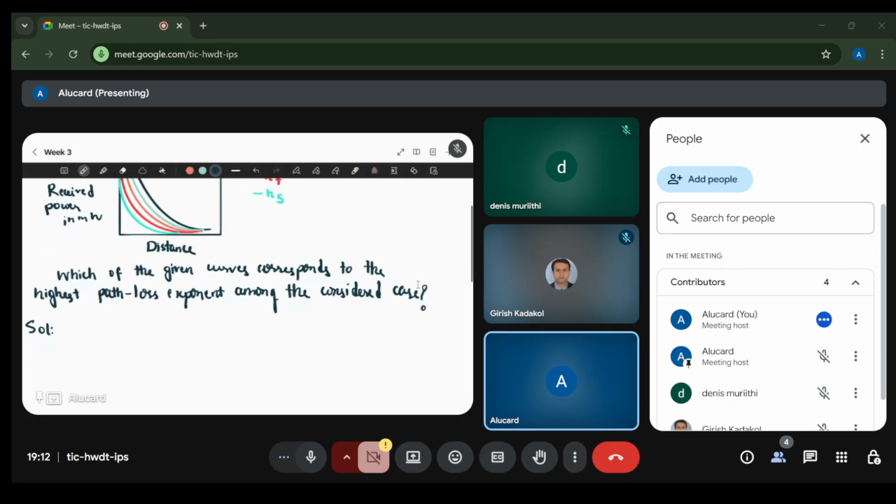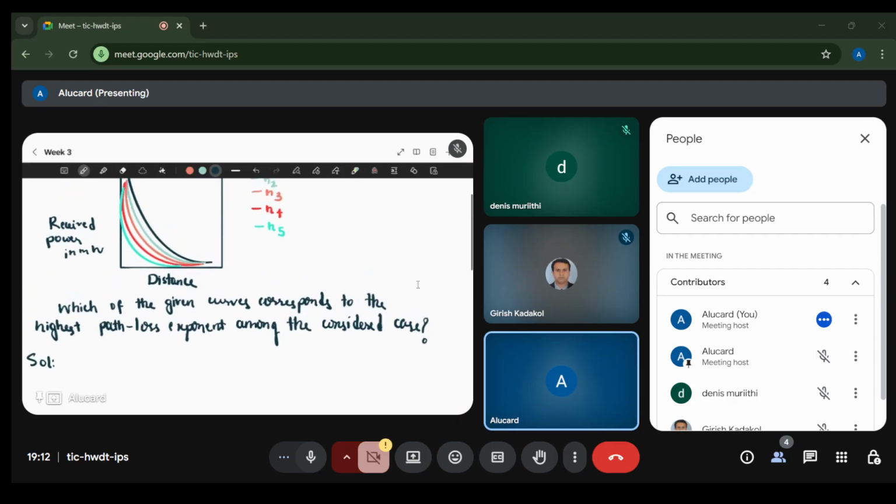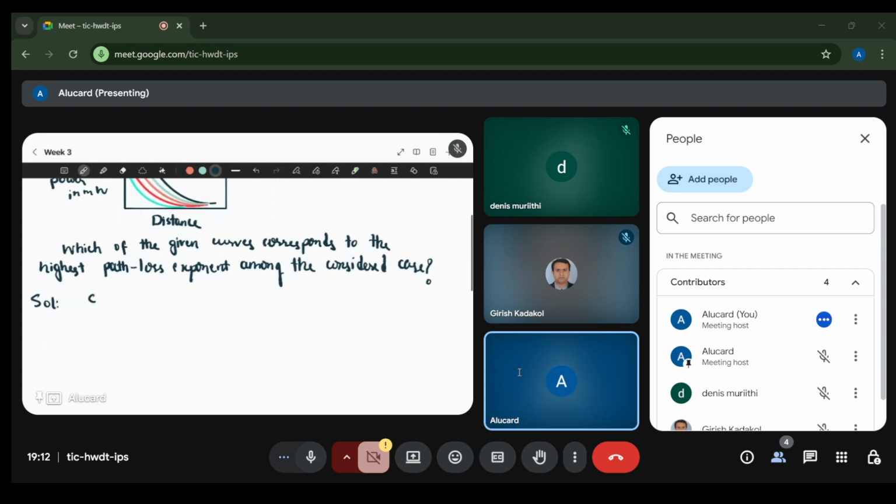So you can go back and look at the lecture, and you'll see that there was a derivation for the signal to interference ratio.